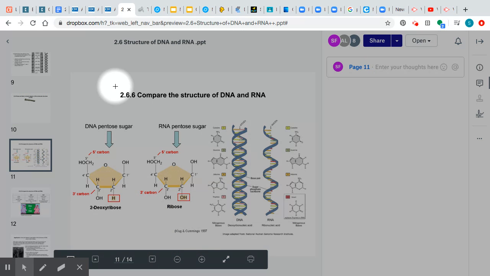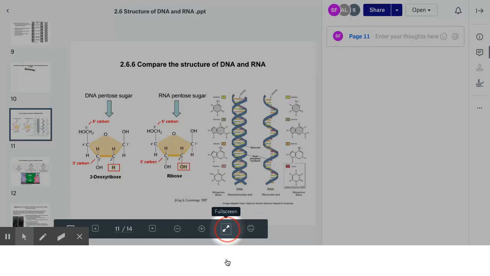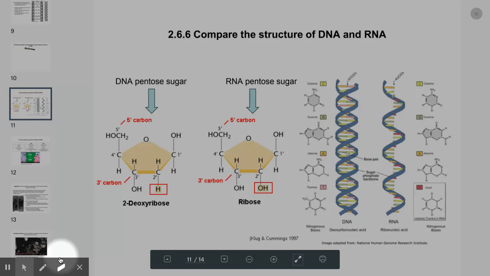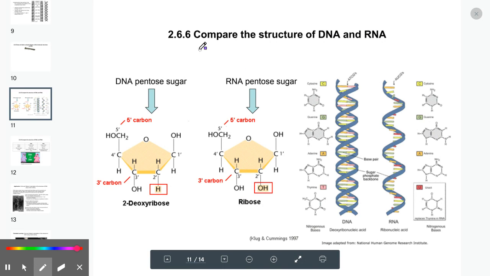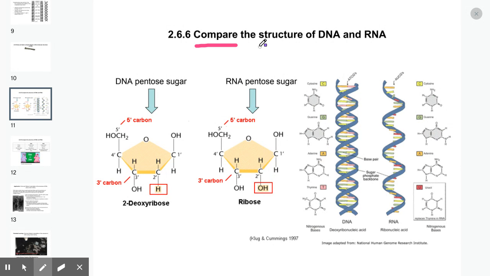So 2.6.6, in this one, they want us to compare DNA and RNA. Compare again means your similarities and your differences, and the best way to do that is in a table format. If we just start with the sugar, here are our two pentose sugars, right away we can see that there's a difference right here, and that is actually the only difference.